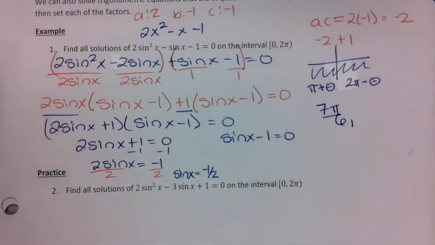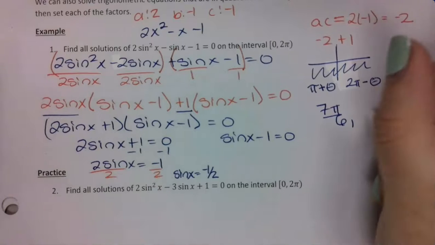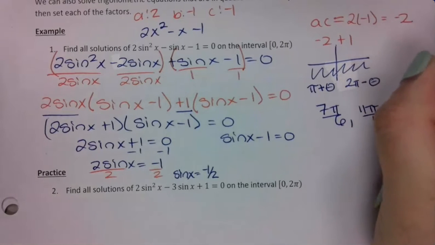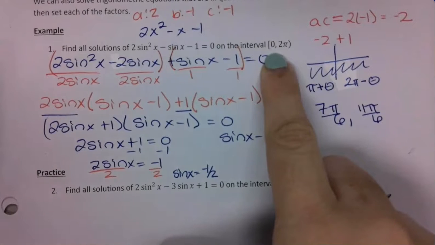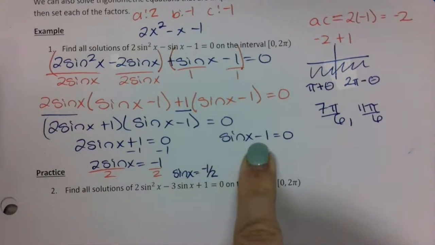And then in the fourth quadrant, 2 pi minus pi over 6. Gives me 11 pi over 6. And I don't have to do the plus 2 pi n here because I'm restricted on an interval. So I just need to solve my other equation.